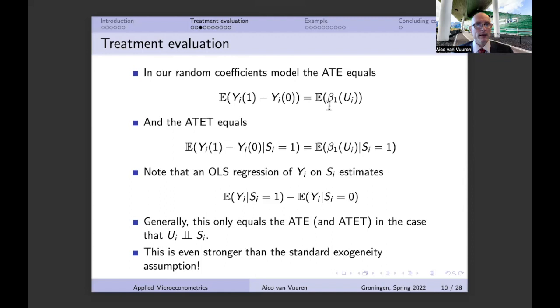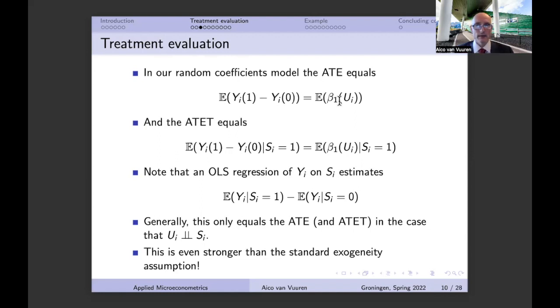That actually makes sense, because as I have already said a couple of times, beta 1 ui in this particular model is measuring the individual impact that treatment has.